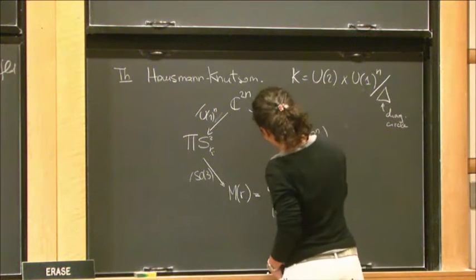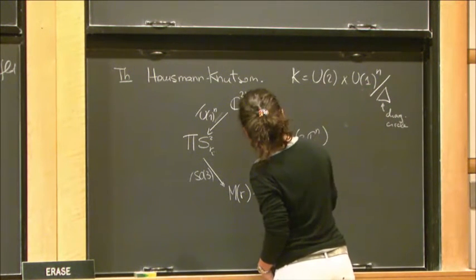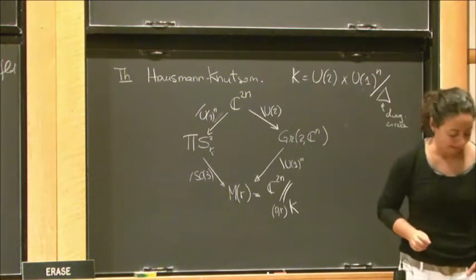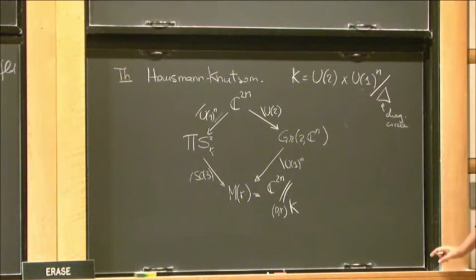And when we perform this quotient, we obtain the polygon space. Okay, I'm going a little bit fast on this very nice result, but it's actually a very interesting point, I believe.